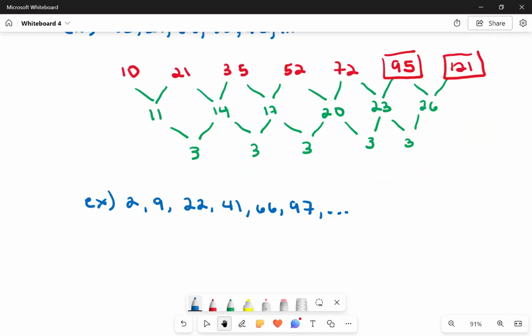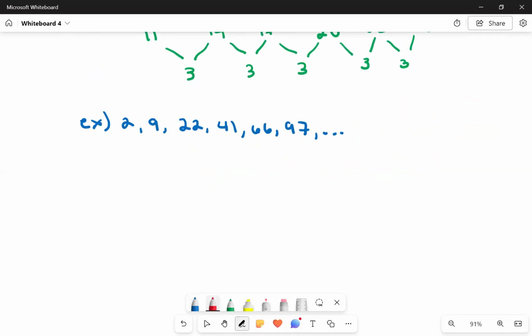I'll go ahead and work that through. Let me write them out a little bit spaced: 2, 9, 22, 41, 66, 97. First, I want to subtract 2 and 9, and that gives me 7. 22 minus 9, I believe that's 13.